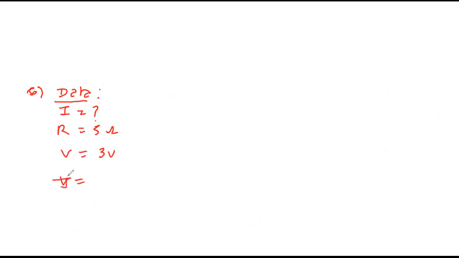Directly by Ohm's law, I equals V by R. V is 3, R is 5, so 0.6 ampere. Write down. I'm clearing this. Next, 7.